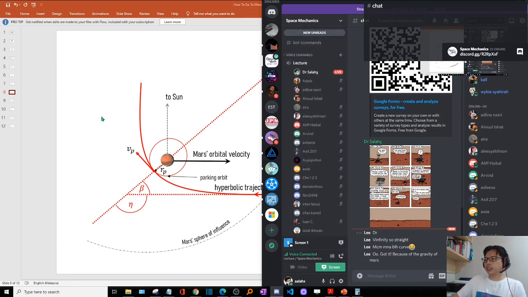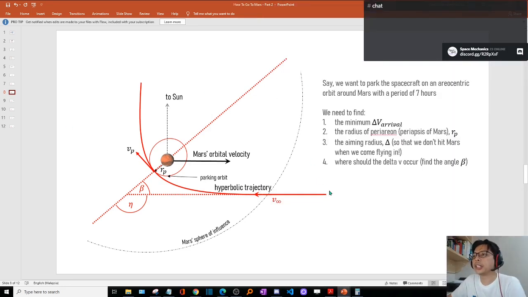Okay, I will continue. Now, we are arriving at Mars, coming in on a hyperbolic trajectory. We want to park ourselves into an orbit here. What's the characteristic of the parking orbit? It has a period of 7 hours. Nothing else is given: a is not given, e is not given.